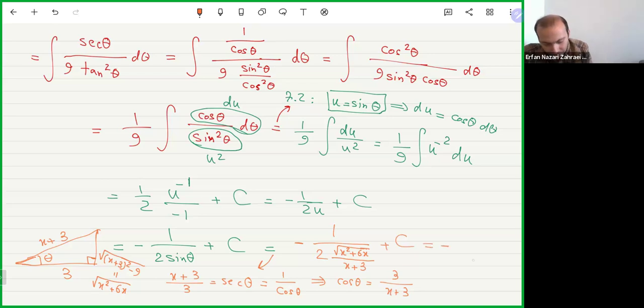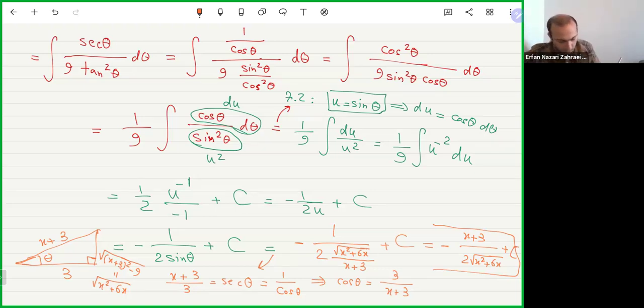So this is the same as, moving this to the top, minus x plus 3 over 9 root x squared plus 6x plus a constant c. And this is the final answer.